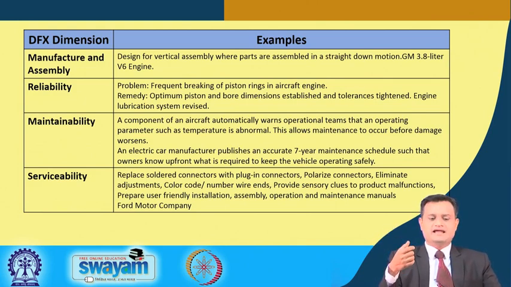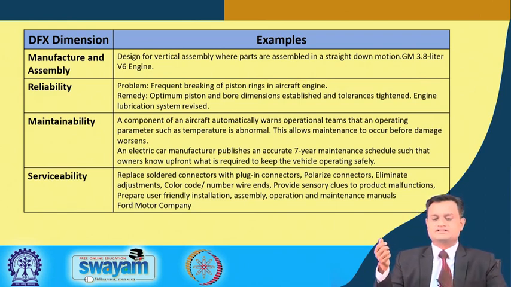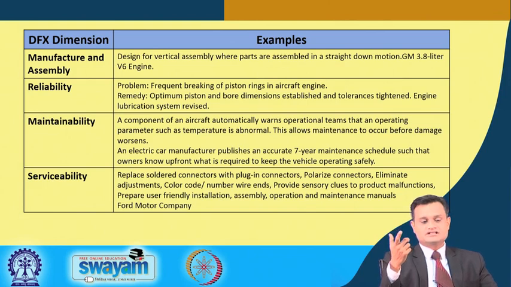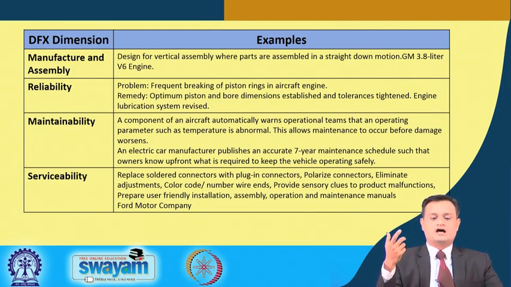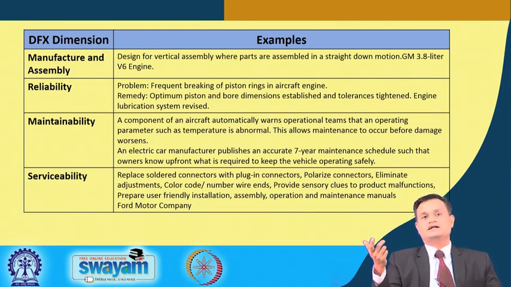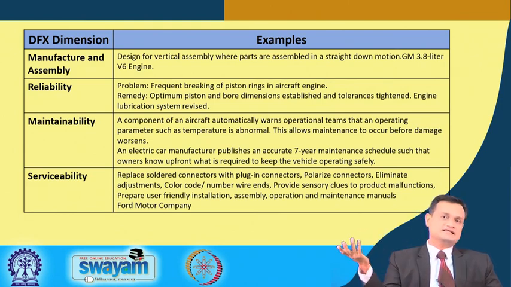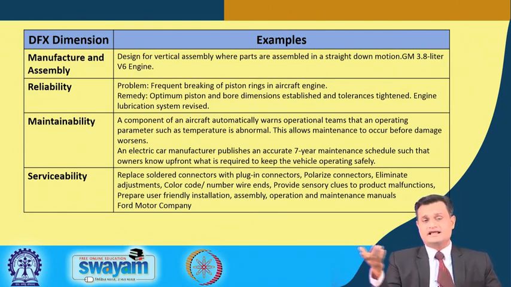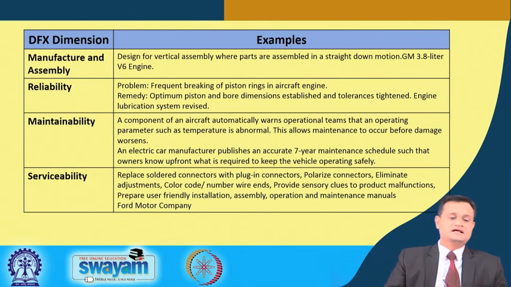Another example may be an electric car manufacturer that publishes an accurate 7-year maintenance schedule such that the owner knows upfront what is required to keep the vehicle operating safely. The simple manual can even be an example of maintainability.